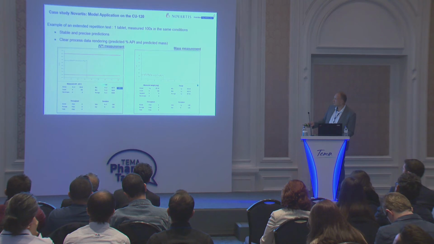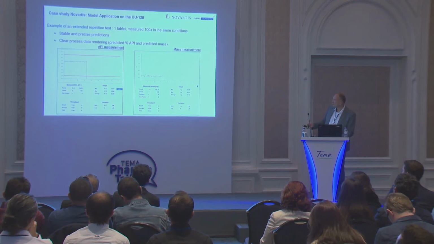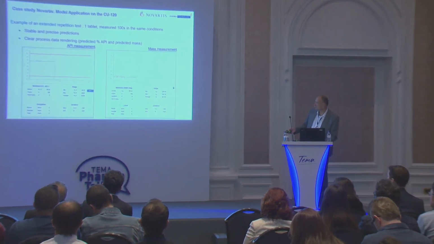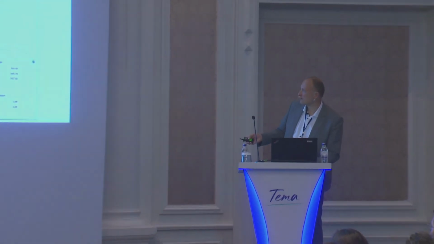And this is really a screenshot from the HMI, what you can get out. You see here the deviation, the throughput, the measured weight, and there's also the average, the min and max. And here's the standard deviation, it's below 1%, so 0.89.